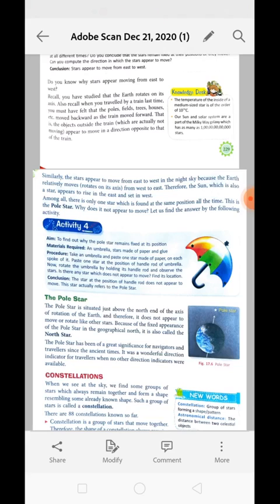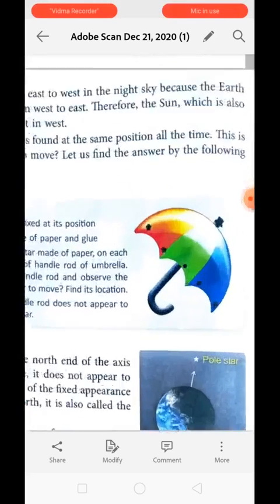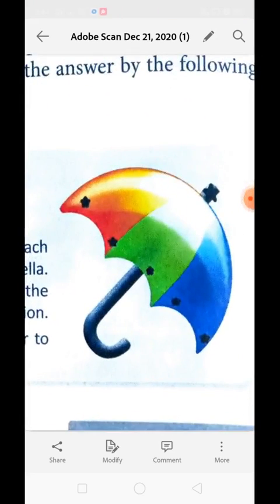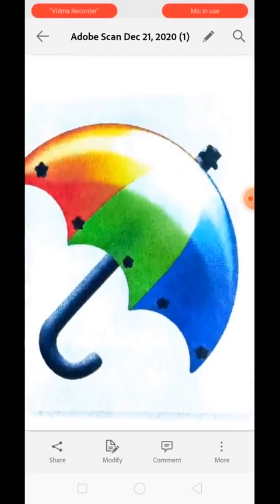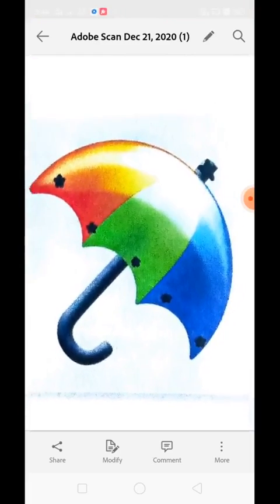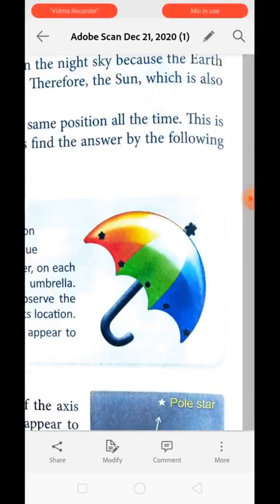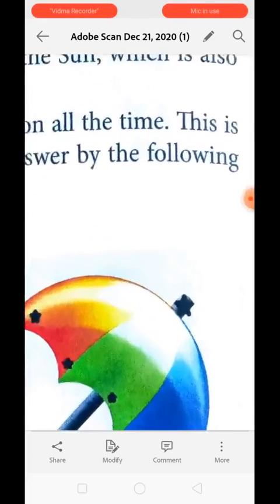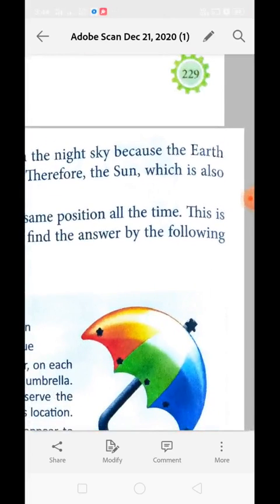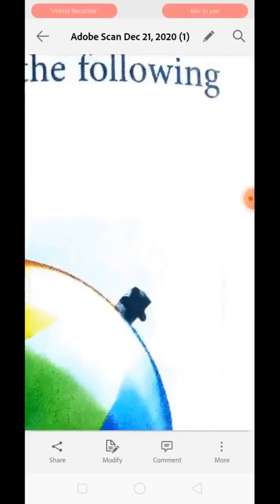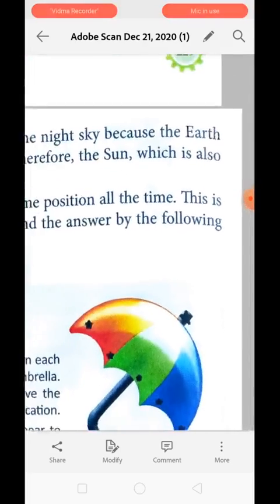To find out why the pole star remains fixed at its position, we have to take an umbrella and stick stars at every pointed region of the umbrella, as shown in the figure. And we fix a star at the center of the umbrella, at the top, as well.